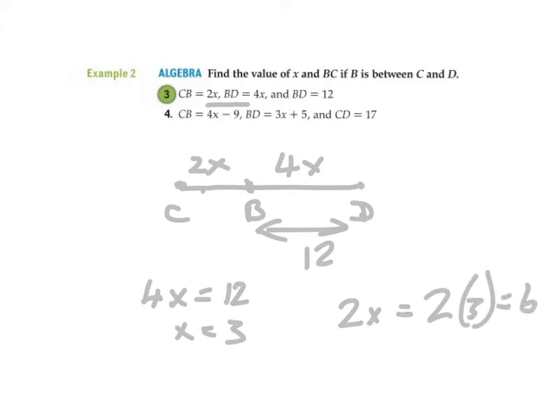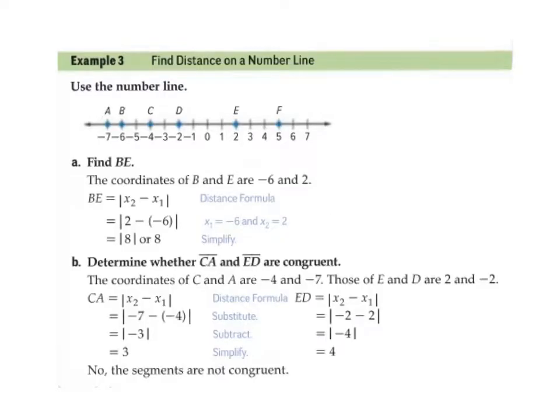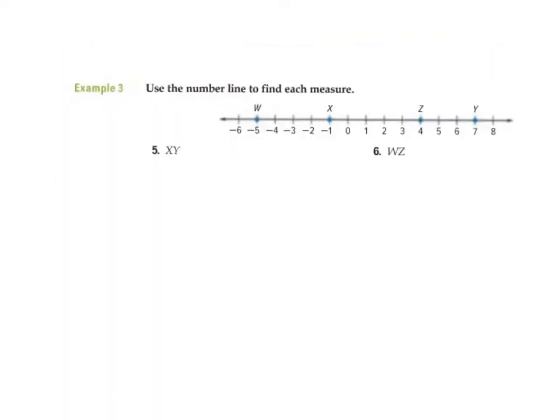Okay. Alright, so now we're finding the distance between certain things, and this is absolute values. As you can see what we've got here, they're calling it the distance formula, but basically we're looking at the two points. Okay, it's absolute value, but obviously in geometry we only take the positive, so all we're interested in is the fact that it's 8. Okay. So let's have a look at what we've got. Okay, so we're looking at number 5.